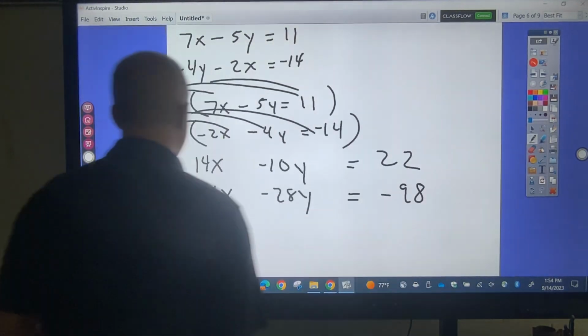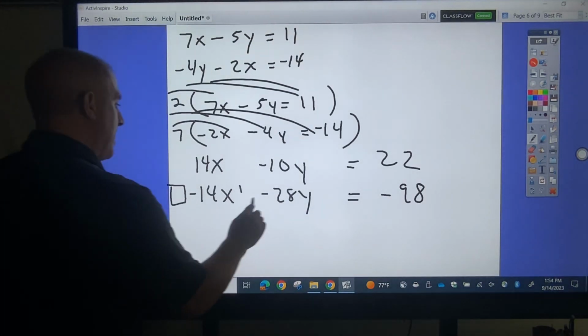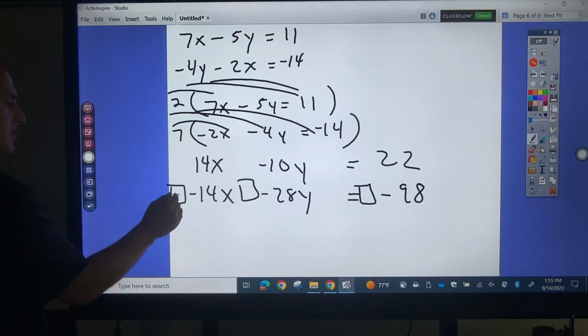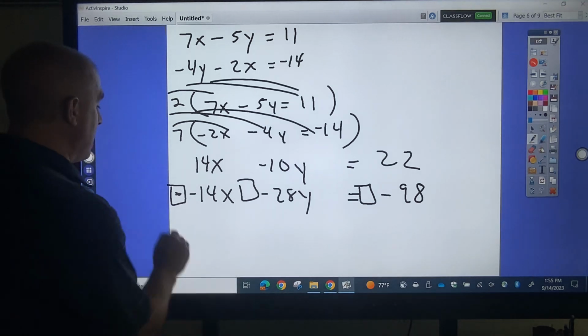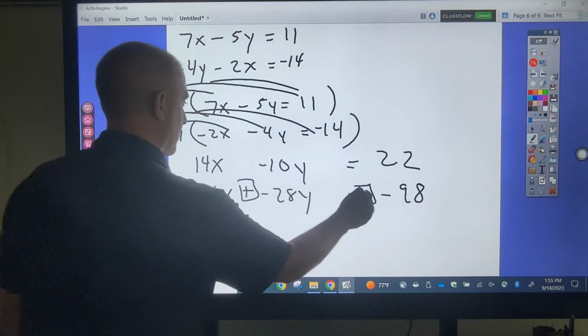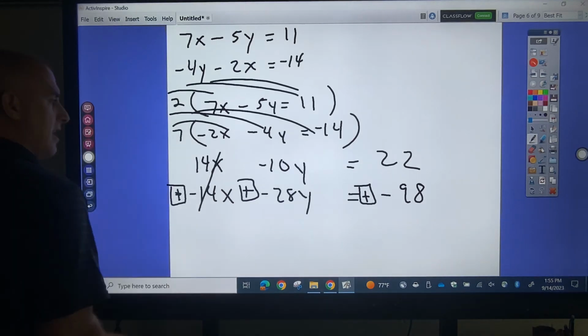Now, the only way I can eliminate is to pick an operation. If I pick subtraction, 14 minus negative 14 would be 28. So it's addition I have to pick. So the x goes away.